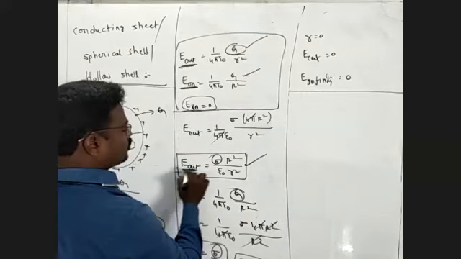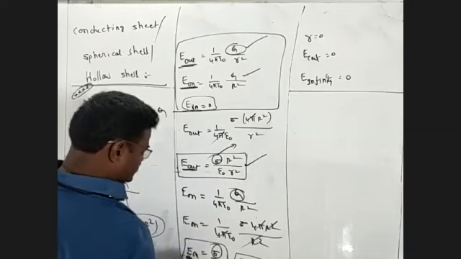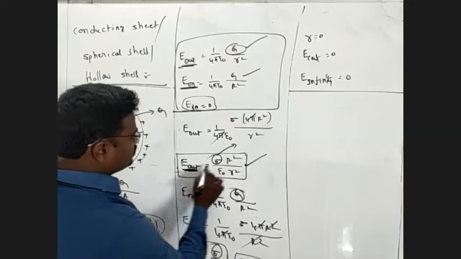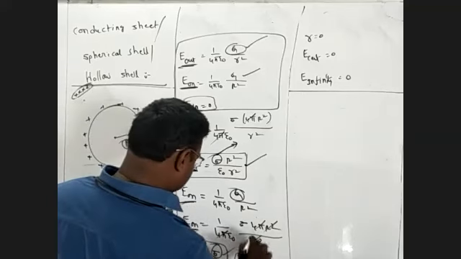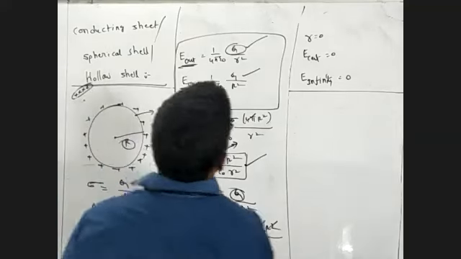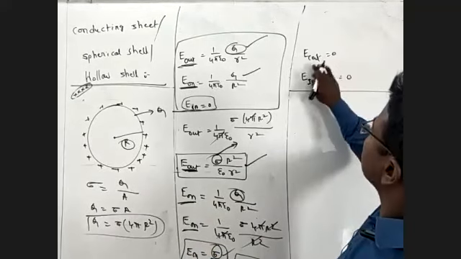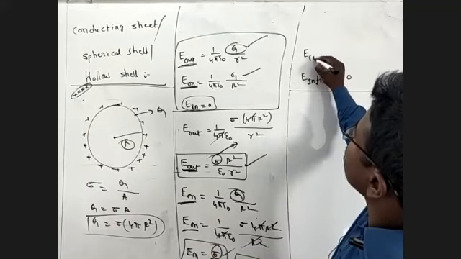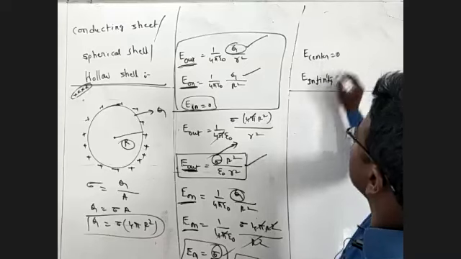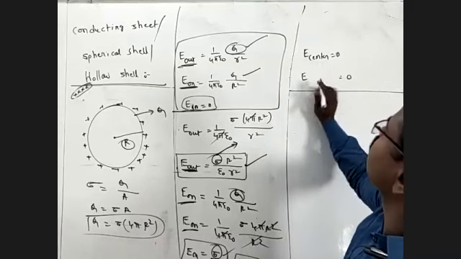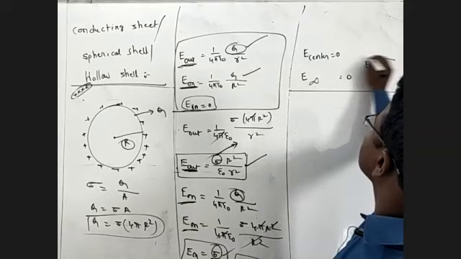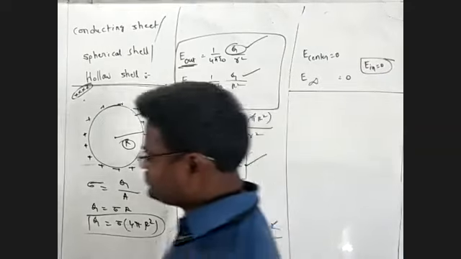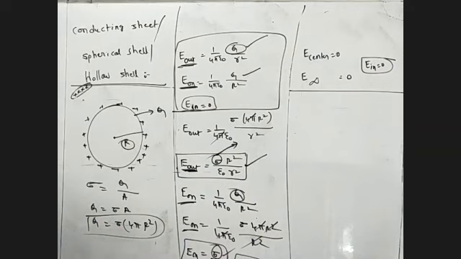This is E out in terms of sigma, and E in is equal to 0. So E center is equal to 0. E infinity is equal to 0. E in is also 0. Those are the values.